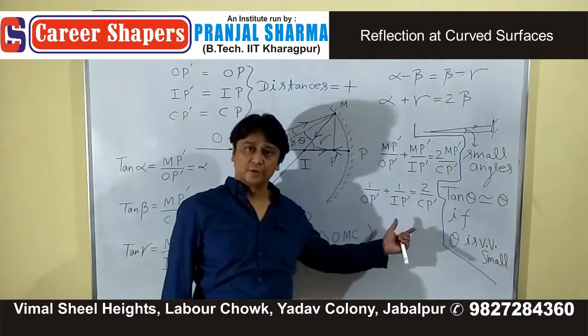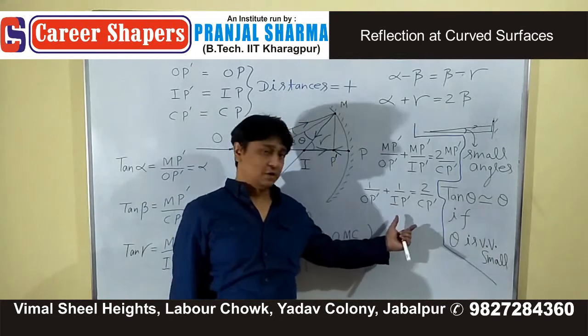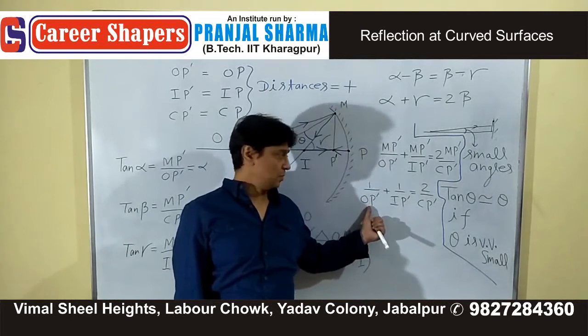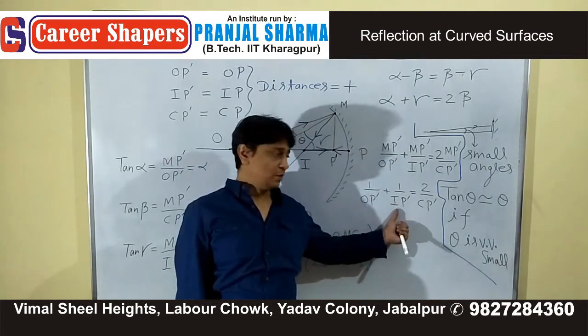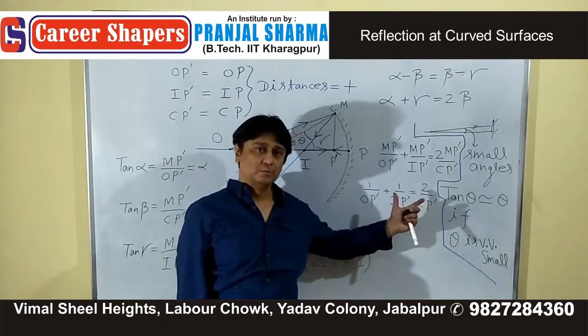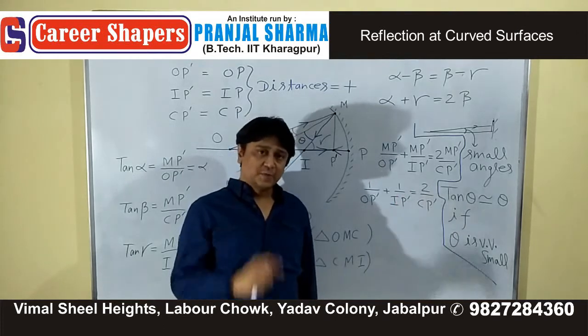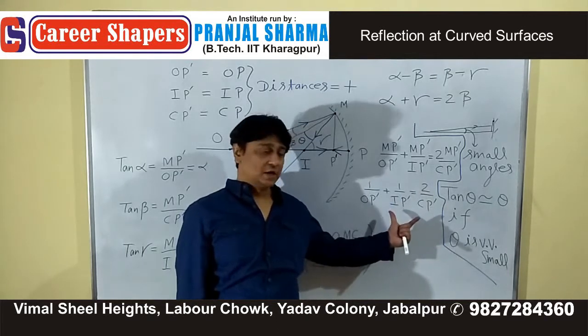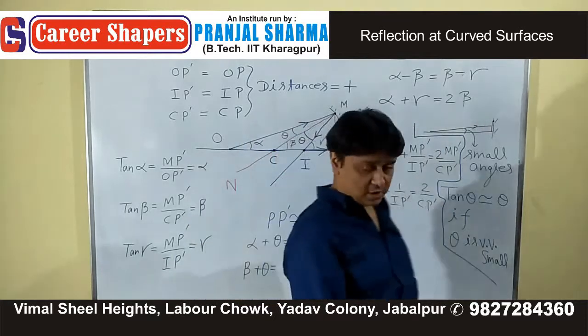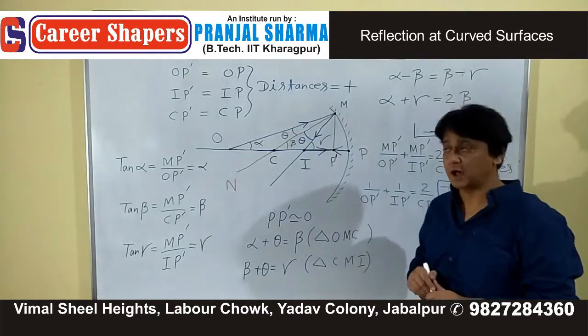This is the relationship which we are looking for in this article: the relationship between object distance from the pole, image distance from the pole, and distance of the center of curvature from the pole. Next part is converting these distances into proper u, v and R.